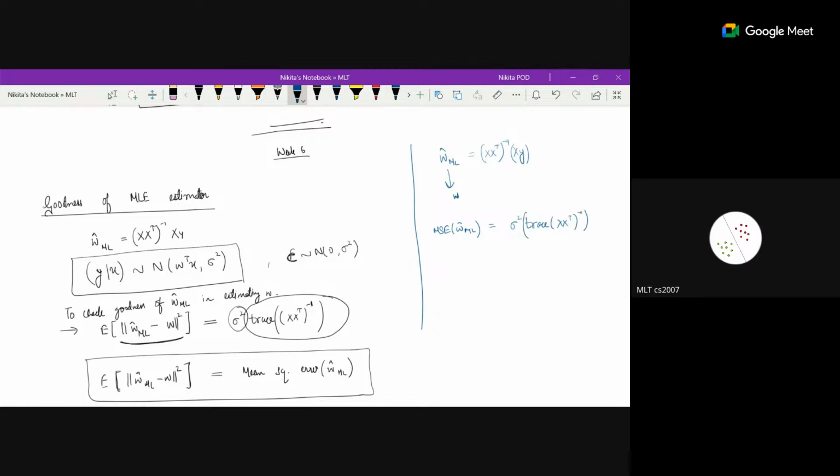Now sigma square is something we don't have any control over. Why is that?